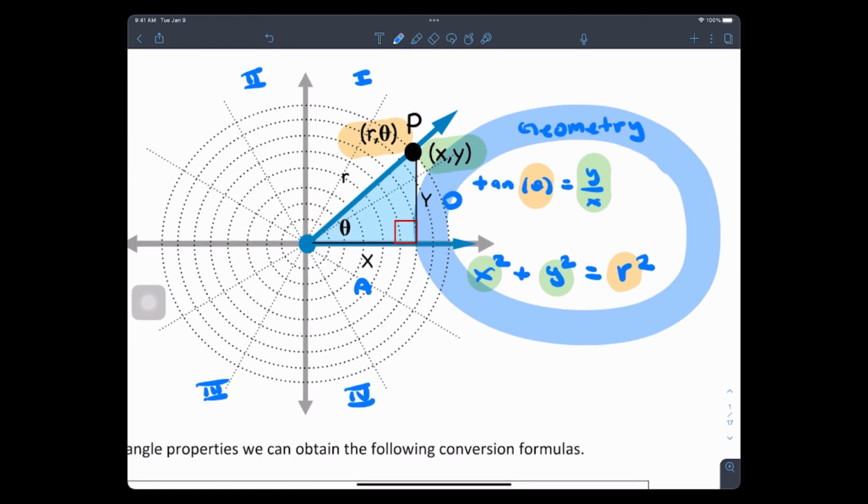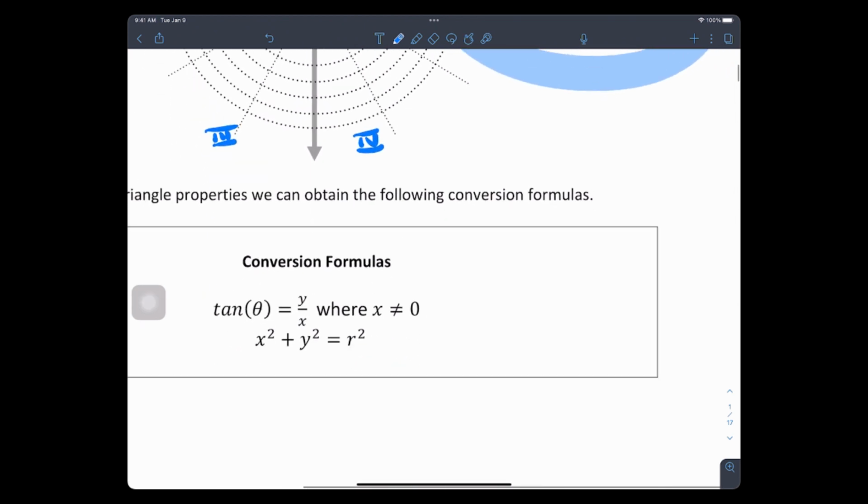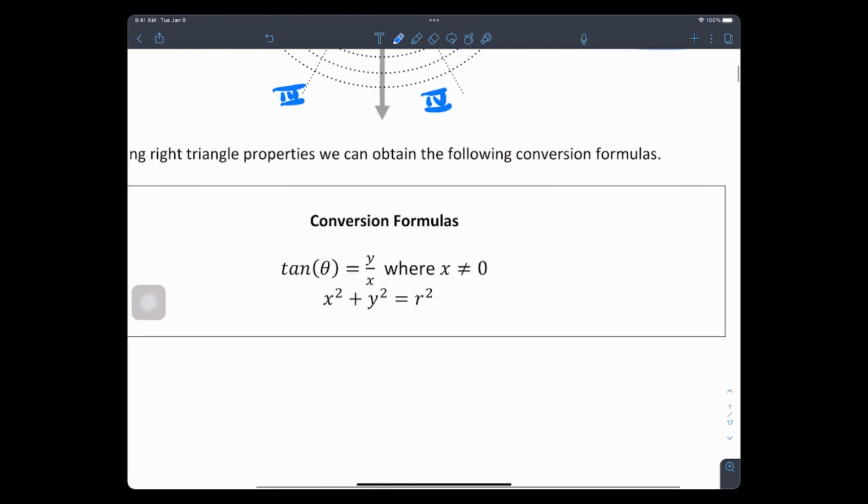And there you go, ladies and gentlemen. There's the relationship. I summarize this here for you again. And yes, x can't be 0 because we can never divide by 0. So these are what we call the conversion formulas. We're going to start by doing a little bit of conversion.